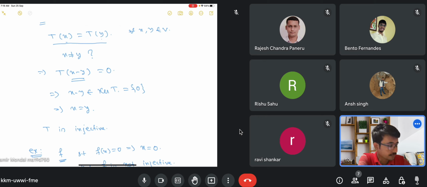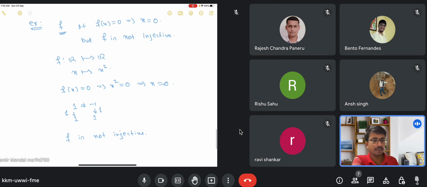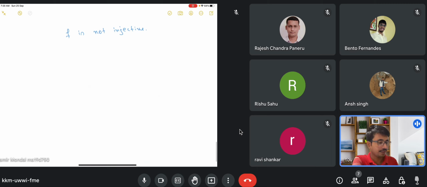So the kernel of T has many applications. This is one basic application for a math student. If you try to solve the equation T of x equals b, the kernel of T will play the main role here.